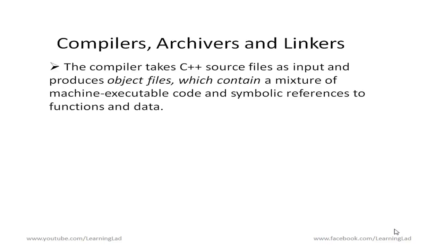In our program we're gonna use some functions and refer to the library functions provided by C++, and also refer to some data in other files. So the object file created by the compiler contains the code of our program in zeros and ones, and also some references to these functions and data.